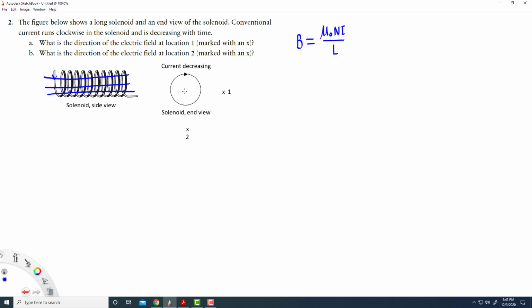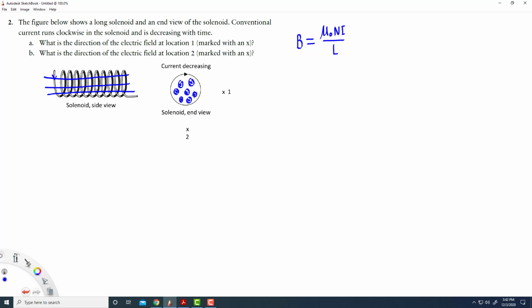When you do that, inside the solenoid your fingers would be pointing into the screen, okay, and that would be the direction of the magnetic field. So magnetic field is pointing into the screen.